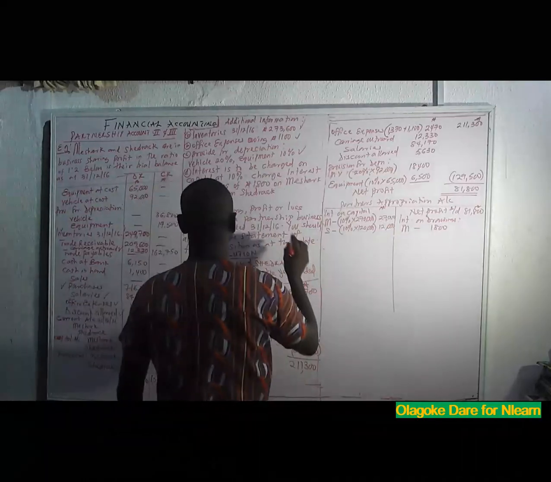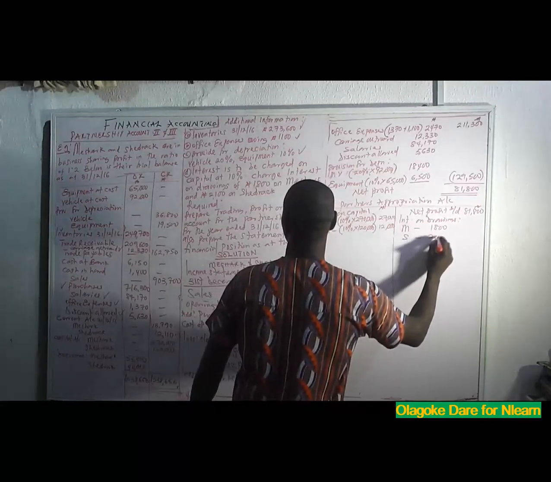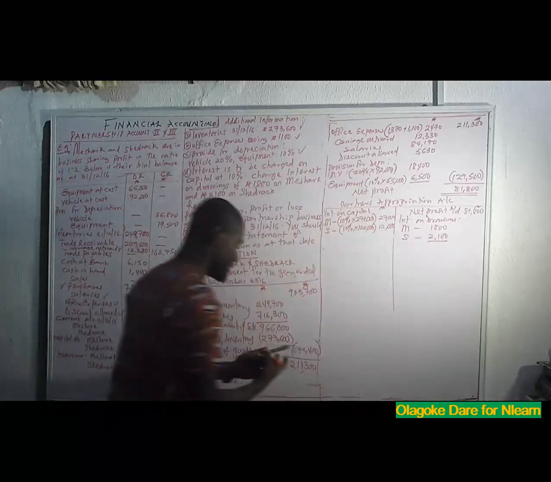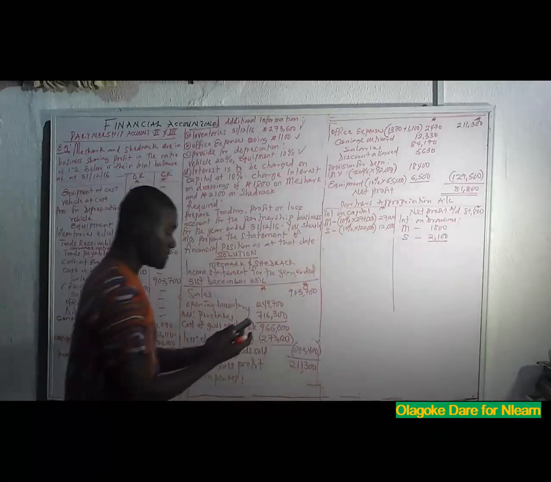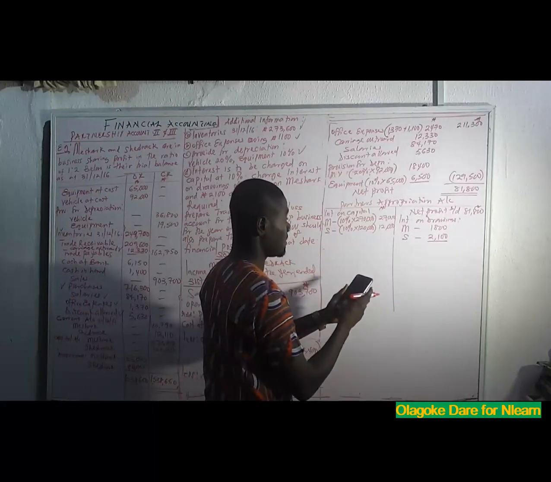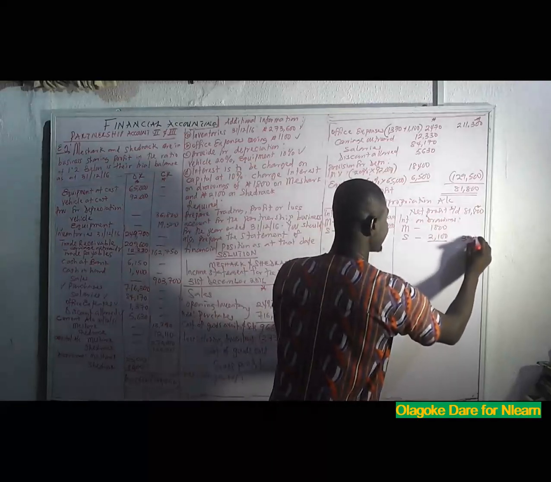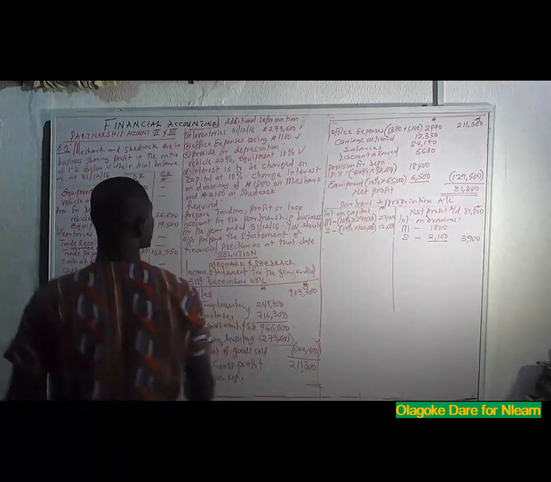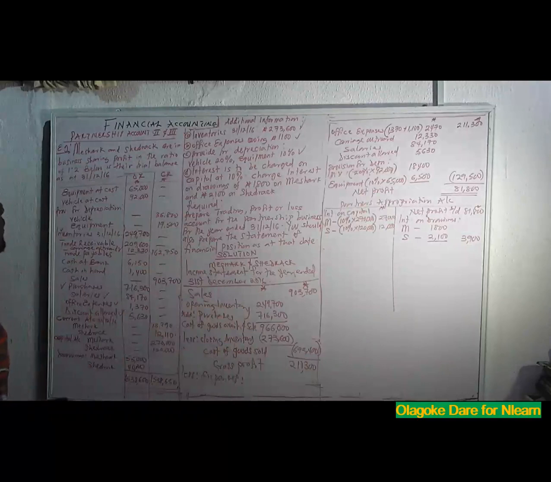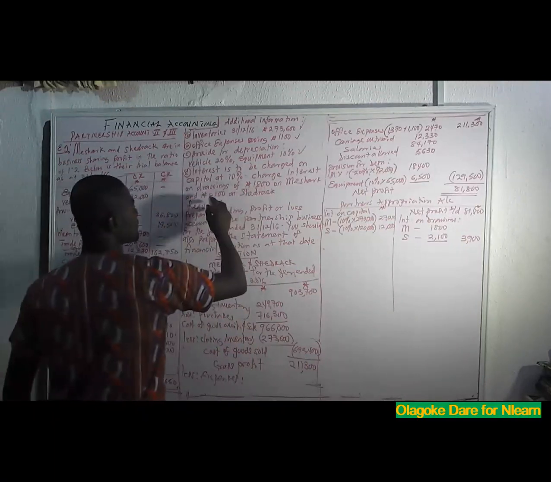Next is Shadrach, which is 2,100. Let's see the addition of the two: 1,800 plus 2,100 gives 3,900. So we've charged interest on capital and we've charged interest on drawings.